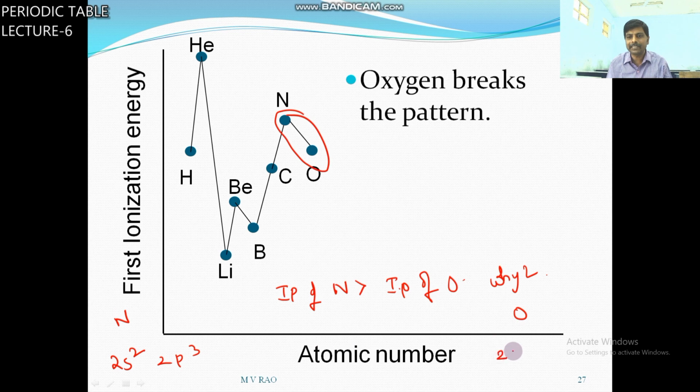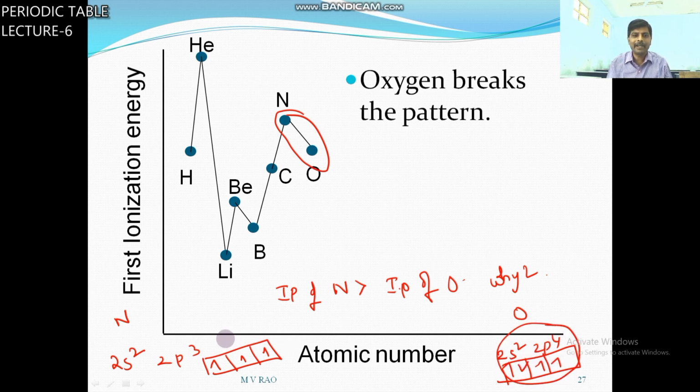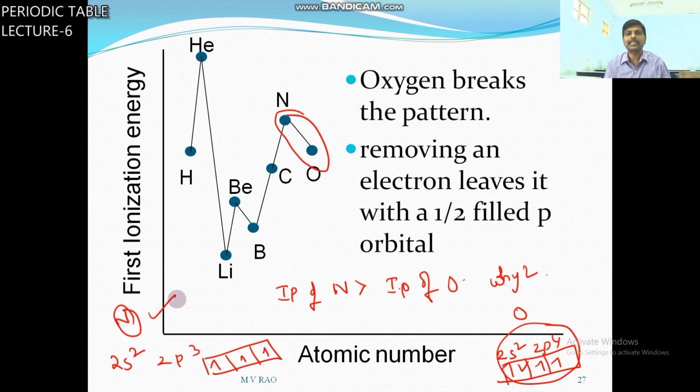Oxygen configuration is 2s2 2p4. 2p3 means a half filled p subshell is there. 2p4 means it is neither half filled nor completely filled. Between these two, nitrogen is more stable, so its IP value is more.